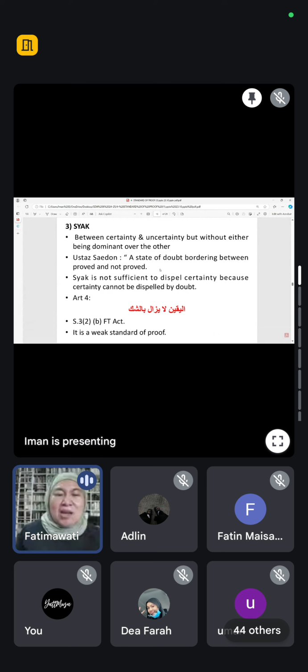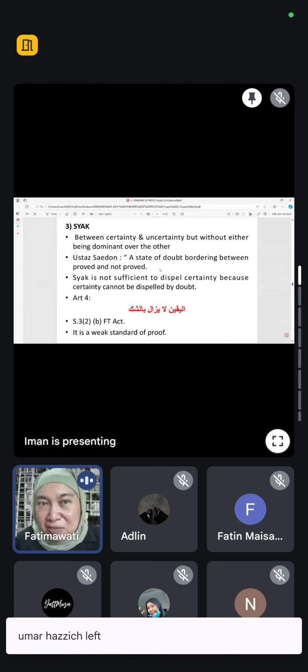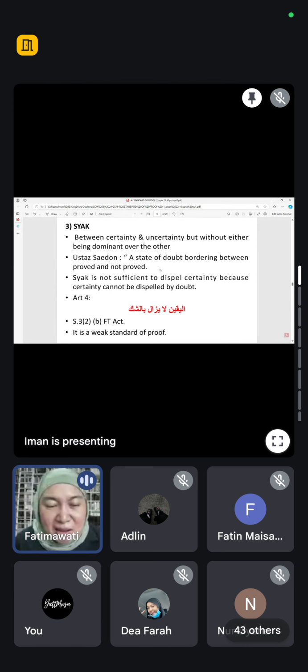Okay. So Ustaz Sa'idon said a state of doubt bordering between proof and not proof cannot be accepted. It is not sufficient. So article 4 says al-yakin la yazilu bisyak. So this is considered a very weak standard of proof. So kita ada section 3 subsection 2B of the Federal Territory Act. Okay, next.